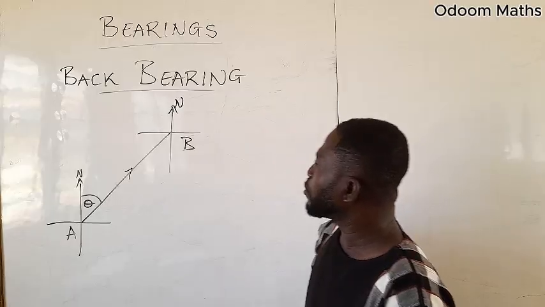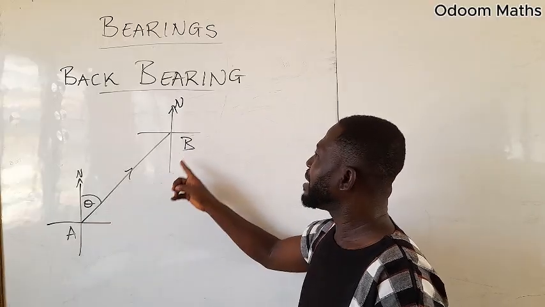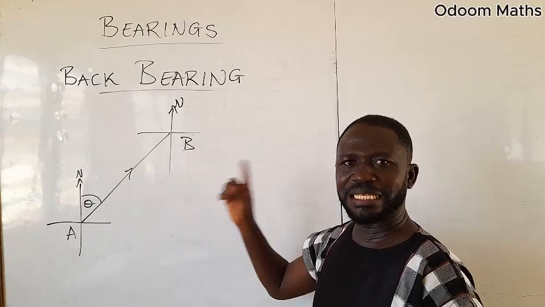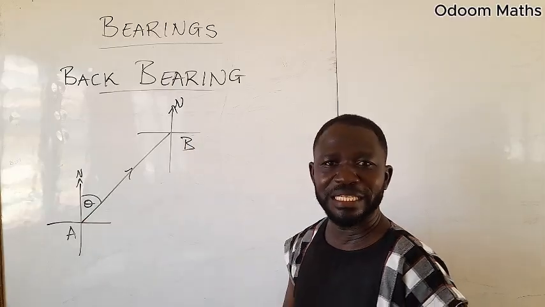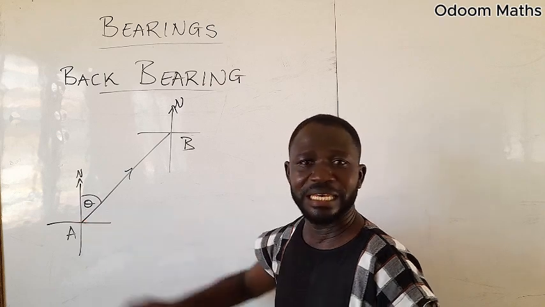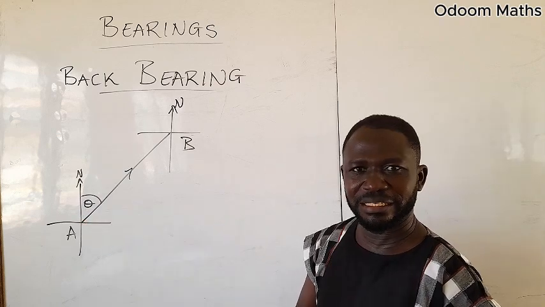Okay. Now, so if the bearing of B from A is theta, then the bearing of A from B, that is the back bearing. Okay, now let's see. The angle here is less than 180. This theta angle here is less than 180. So it means that the back bearing, we need to add 180.